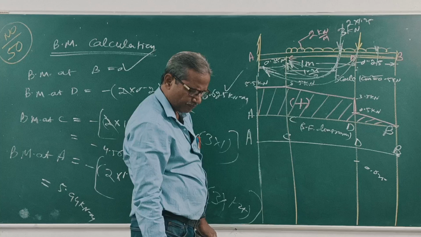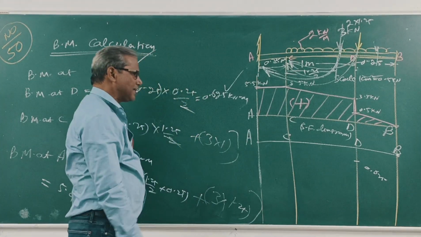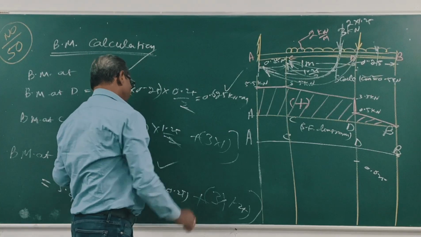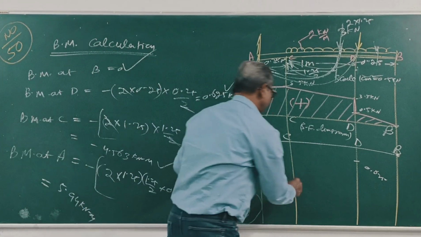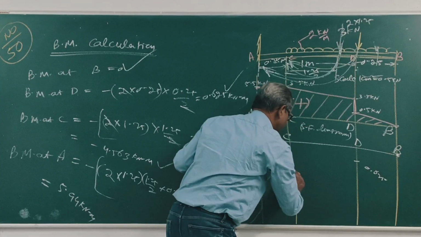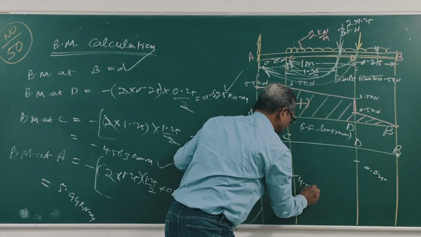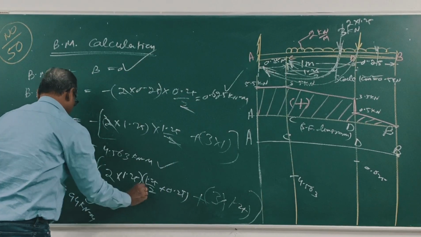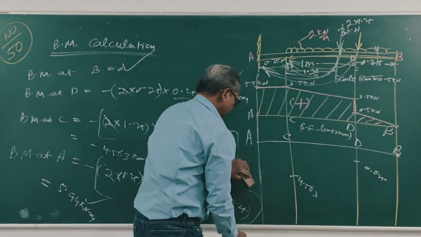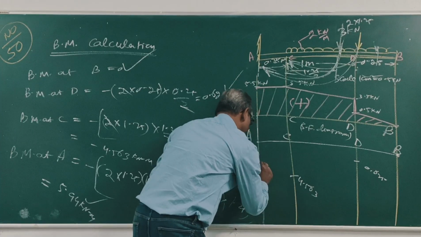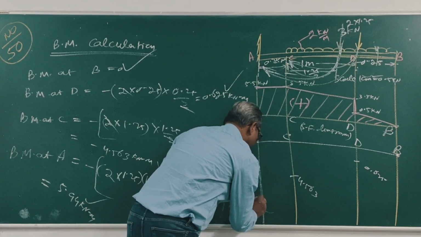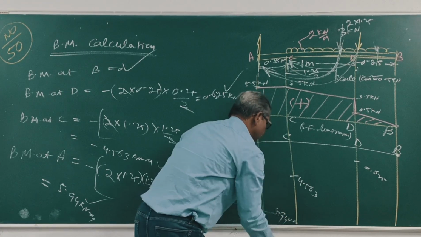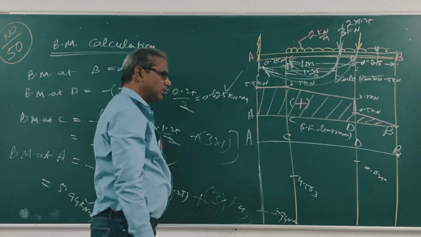Clear? At C, 4.563 negative. At A, 5.94. This is 5.94 kilonewton meter. Right?